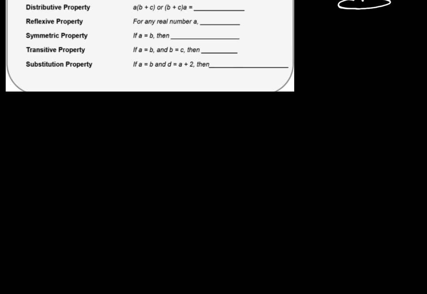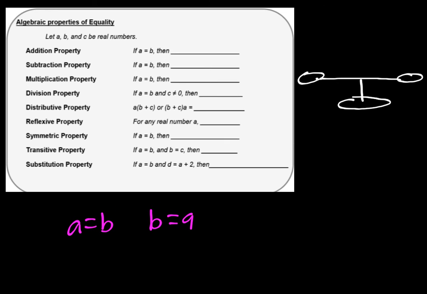Now the symmetric property is almost quite as obvious, but it says that if A equals B, then B equals A. Okay, so basically it doesn't matter what side of the equal sign it's on. And I could actually use the scale on this one if I wanted to. So if I came over here and I looked at the scale and I said, well, let's say we have some weight on here, we don't know what it is.